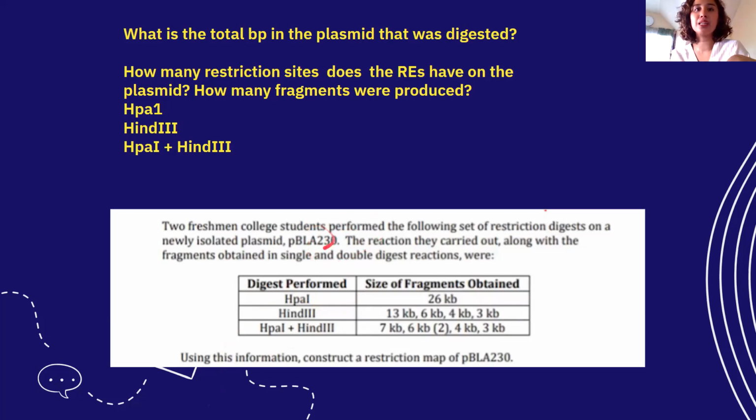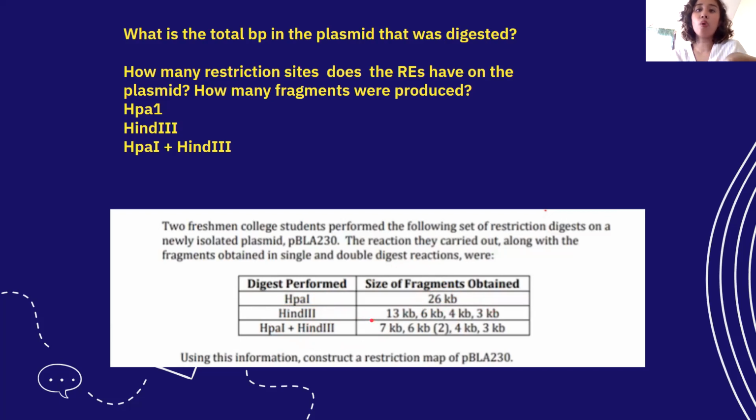When we say single, only one restriction enzyme was used, like HpaI and HindIII, single digest only. They exposed pBLA230 to HpaI, and the result is only one fragment, which is 26 kb or kilobase pairs. Then when they exposed pBLA230 to HindIII: 1, 2, 3, 4.